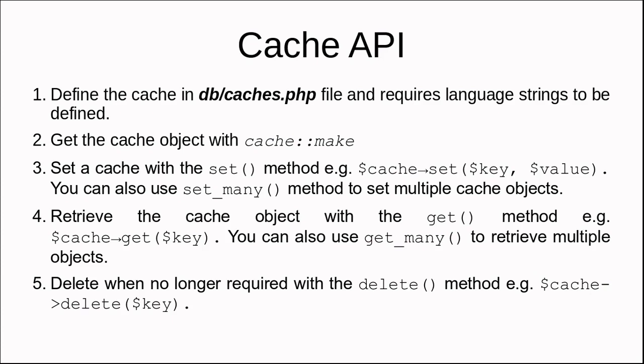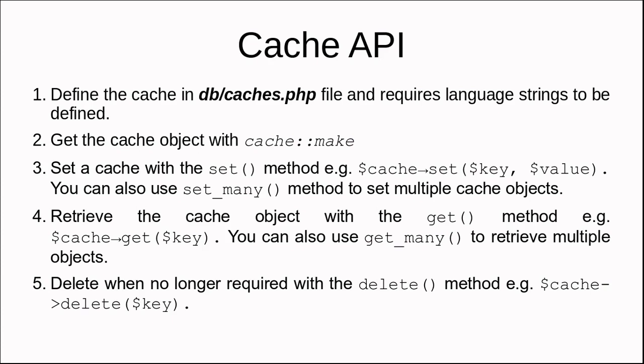Okay, so in your plugin, you will define your cache requirements in the db folder in the caches PHP file, and it does require some language strings to be defined. You create a cache by calling the static make method in the cache class.